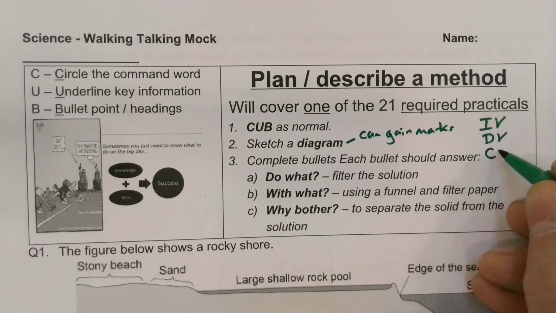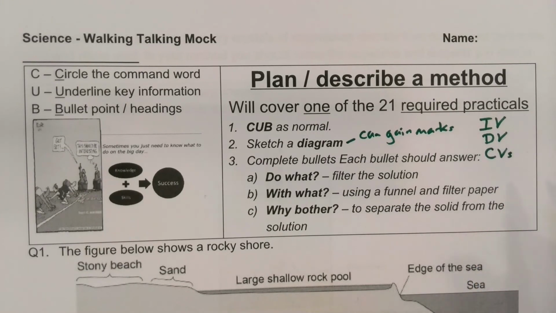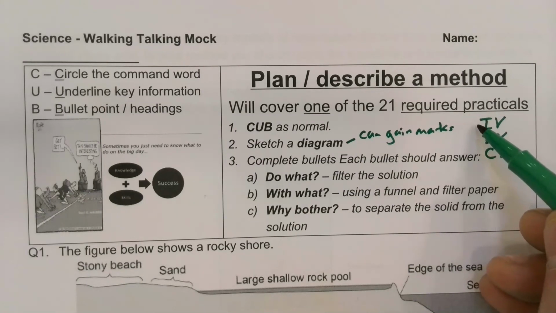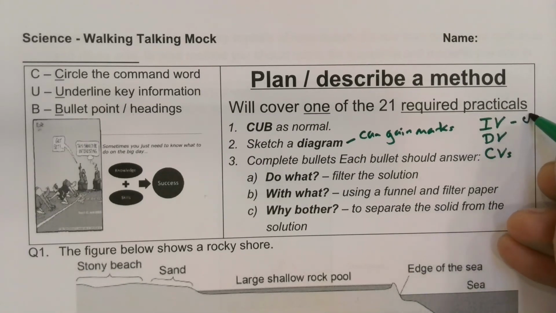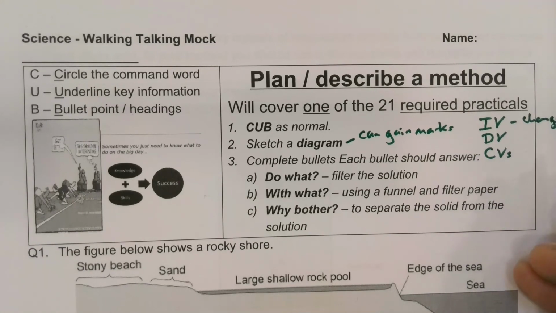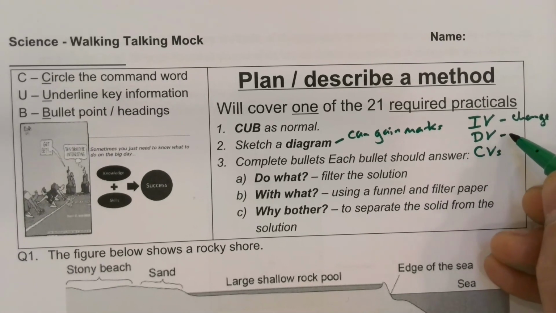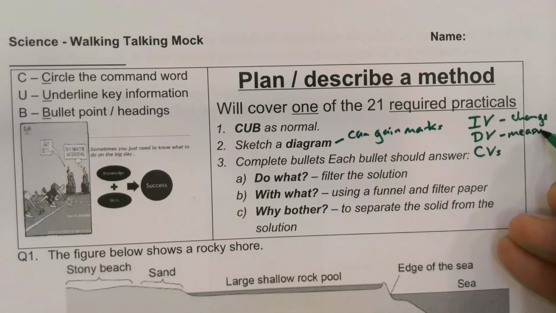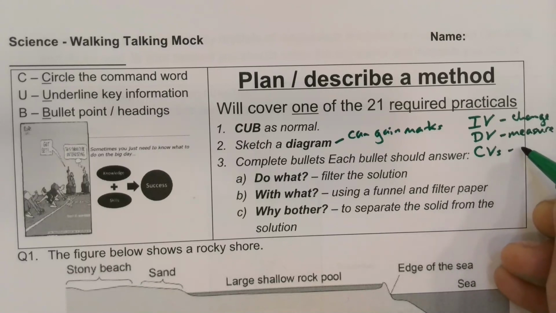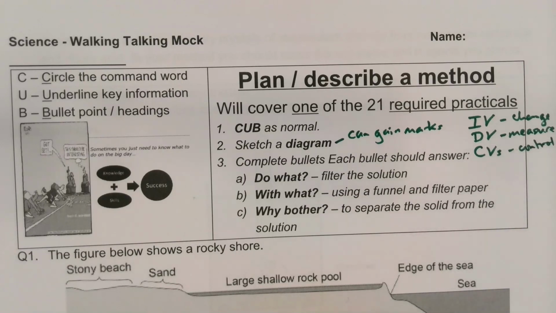And the last one, we have control variables. So we change that. We measure this. And this one here we control. So we keep them the same to ensure that the rest of the experiment is valid and fair.